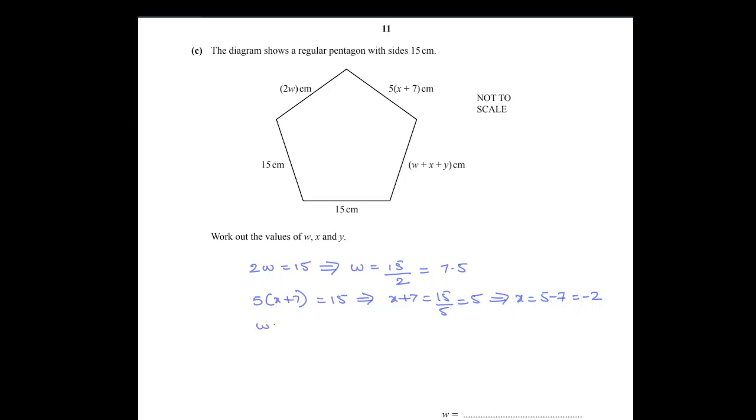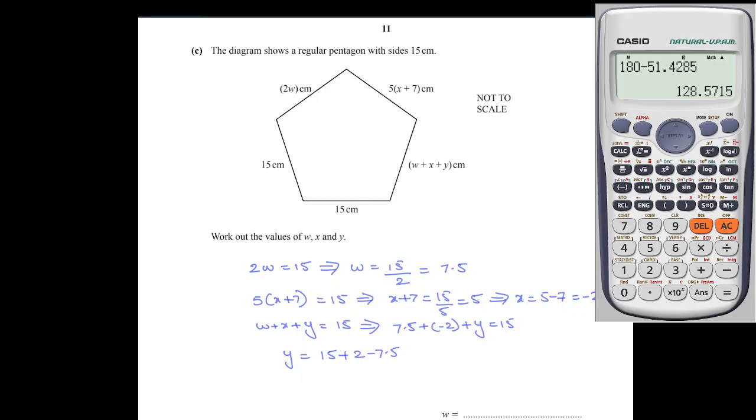Next, w plus x plus y is equal to 15 again. Now we got the value of w, 7.5. We got the value of x, which is minus 2, but we don't know y. Keeping y on the left hand side, bring all the numbers to the right hand side. 15 plus 2 minus 7.5 is equal to 9.5.